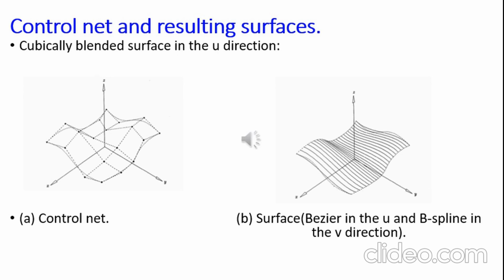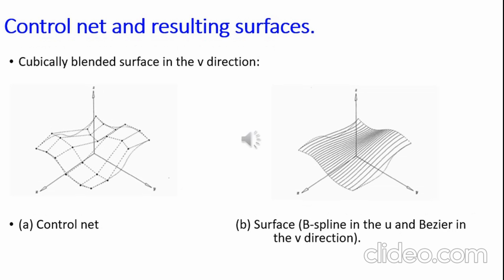As you can see in figure A, it represents the control net for cubically blended surfaces in U direction, and the B is the resulting surface in the U direction. But here the Bezier is in the U and the B-spline is in the V direction respectively. And these are the cubically blended surfaces in V direction.